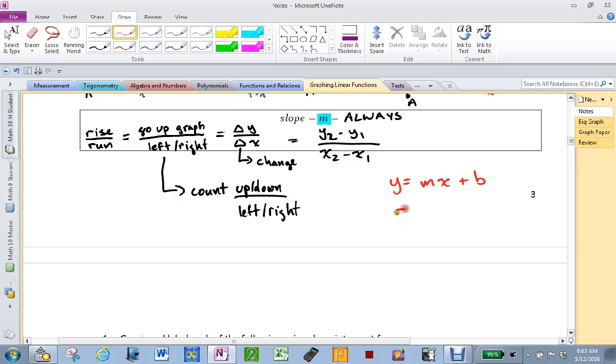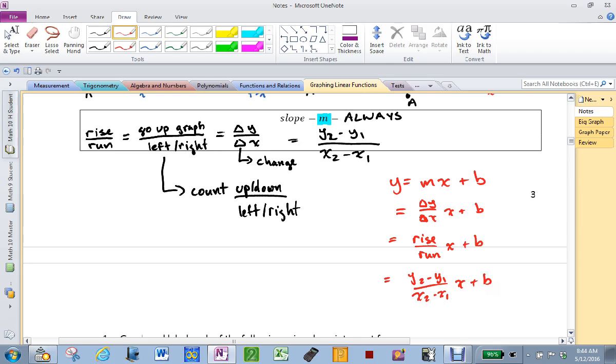Yes. I could also write delta y over delta x, x plus b, right? I could also write rise over run, x plus b. I could also write y2 minus y1 over x2 minus x1, x plus b.